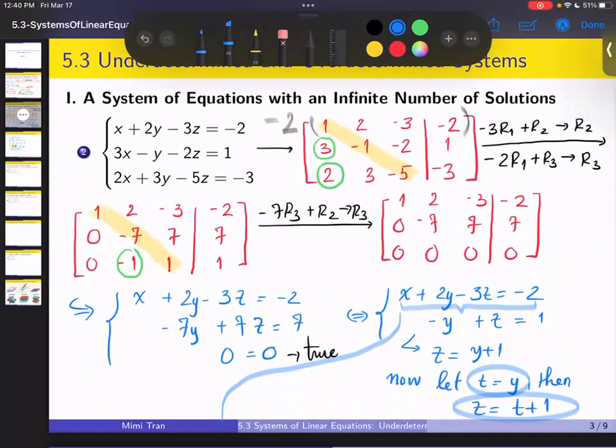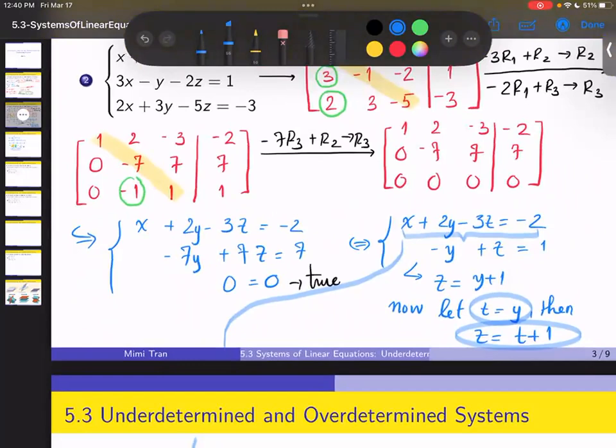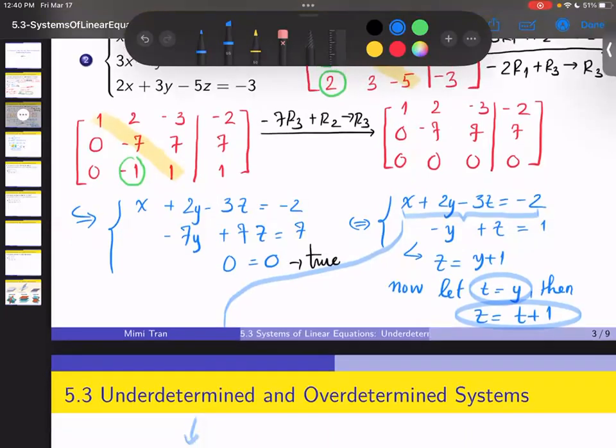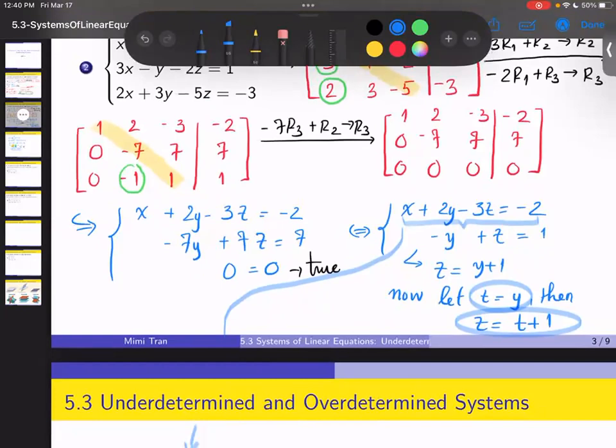If there are infinitely many solutions, your last row should be all 0. Then you stop. You're going to put x, y, z back. Clean it up if you need to. Then pick a variable and solve for one of the variables.